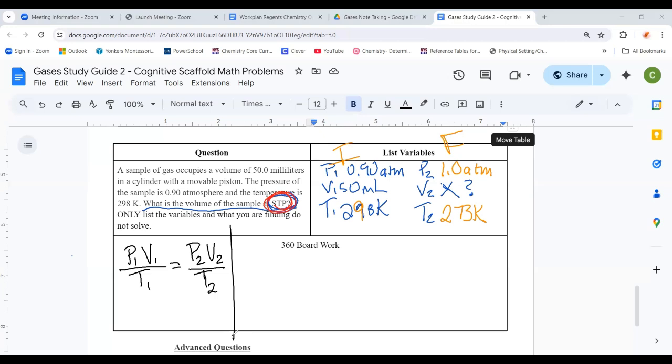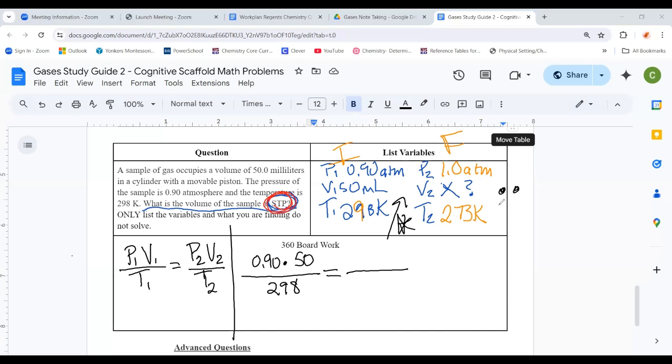Okay. All right. Pressure 1, 0.90 atmospheres. I'm going to cut the units out of this one, but just trust me, they're going to cancel. All right. Volume 1, 50 milliliters. All over. Temperature 1, 298. Okay. As soon as you guys started to see this many variables, people started to freak out. And this is why you have to be so careful about keeping track of everything.